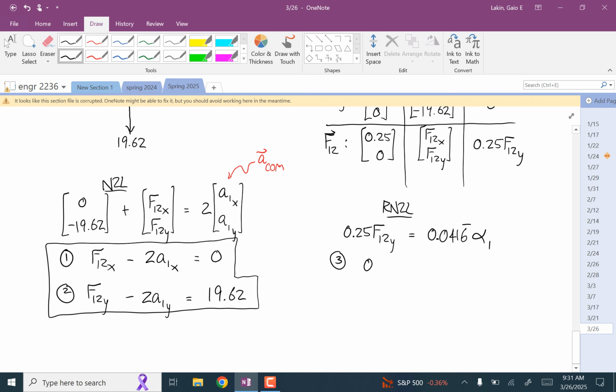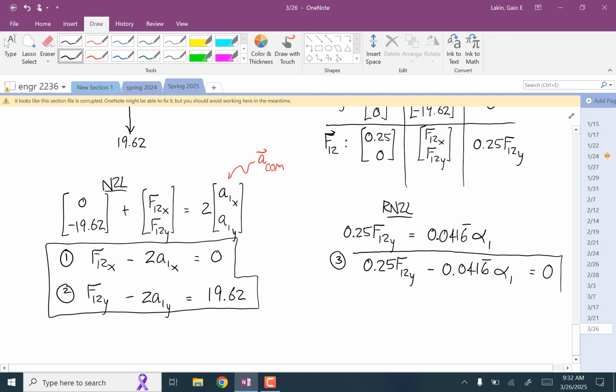I'll write that as 0.25 F12y minus 0.0416 repeating alpha 1 is equal to 0. Any questions about that first body?